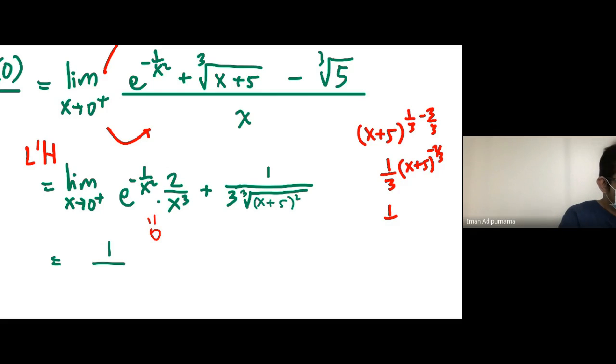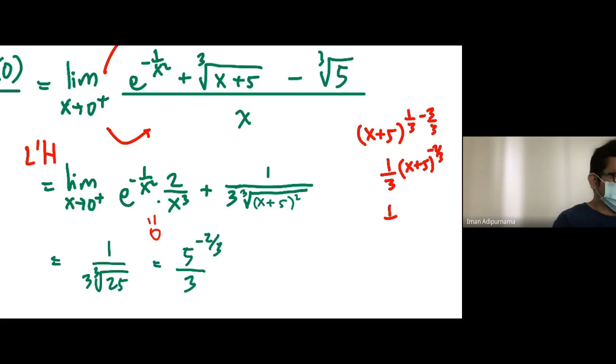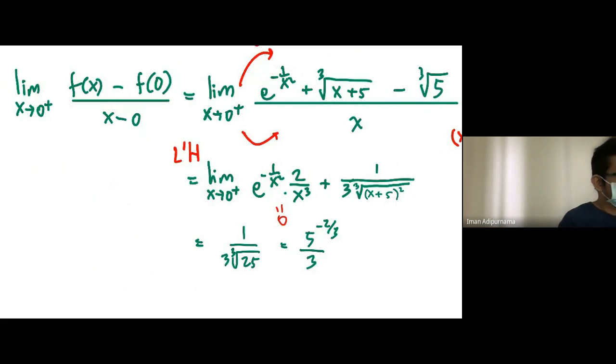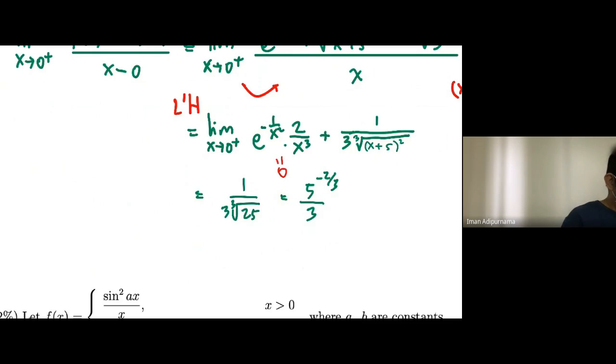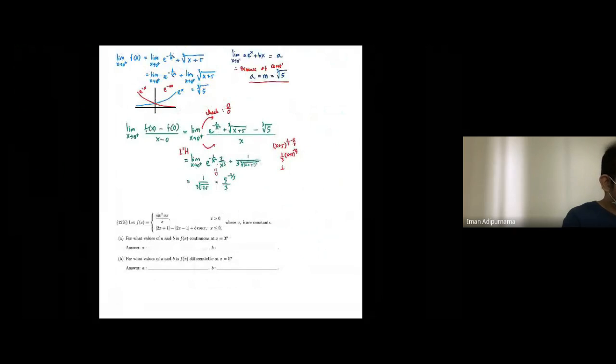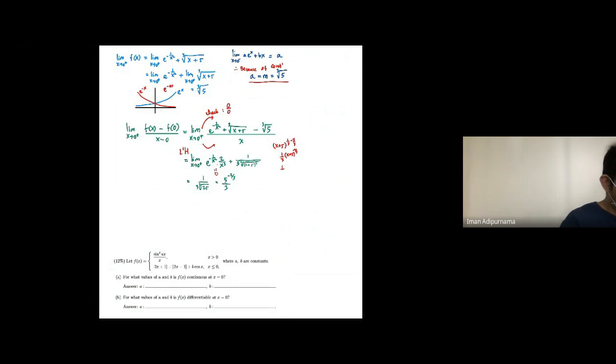It's 1 over 3 times the cube root of 25, right? I think it's still okay if you write this, or if you want to write something nicer like this, it's also the same. That is from the right. Now let's check from the left. I need to move this down a bit here, and maybe make this a little bit smaller.